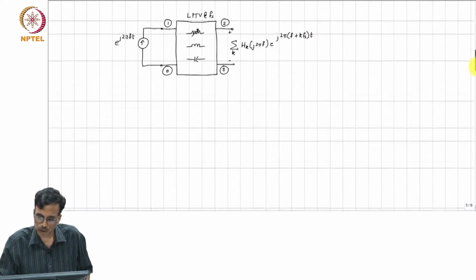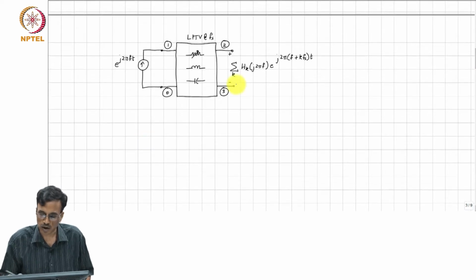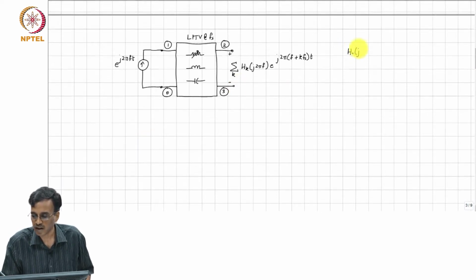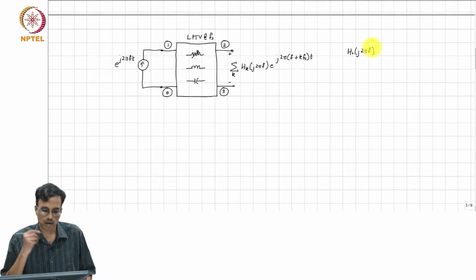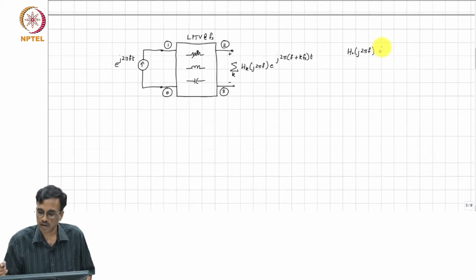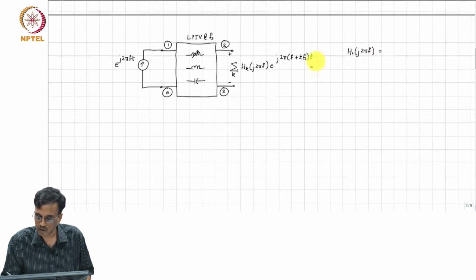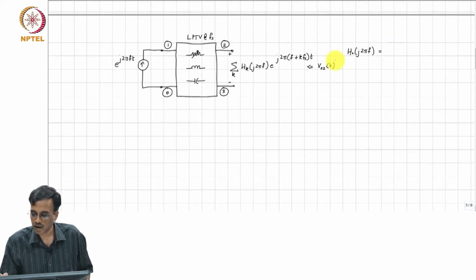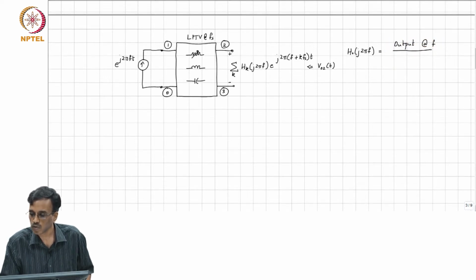Now, suppose we are interested in finding h naught of j 2 pi f, okay. So, this is nothing but the ratio of, let us call this V O 2 of t, the component of the output at the frequency f to the input current at frequency f.